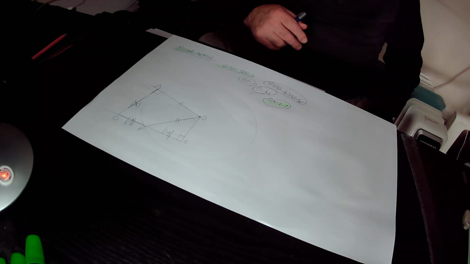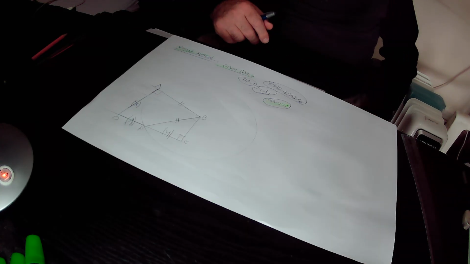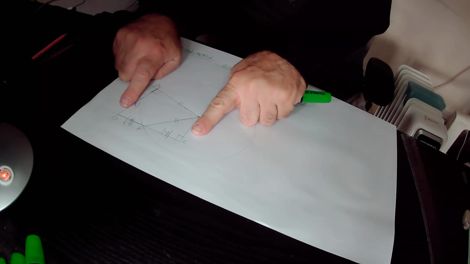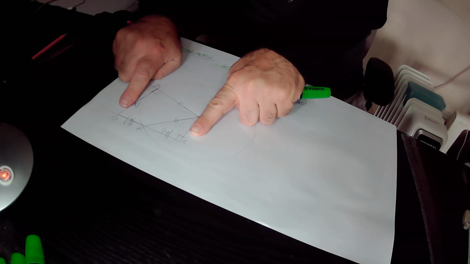In the second method, we will do a construction. That is to say, we will extend side DC of quadrilateral ABCD by 4 units.